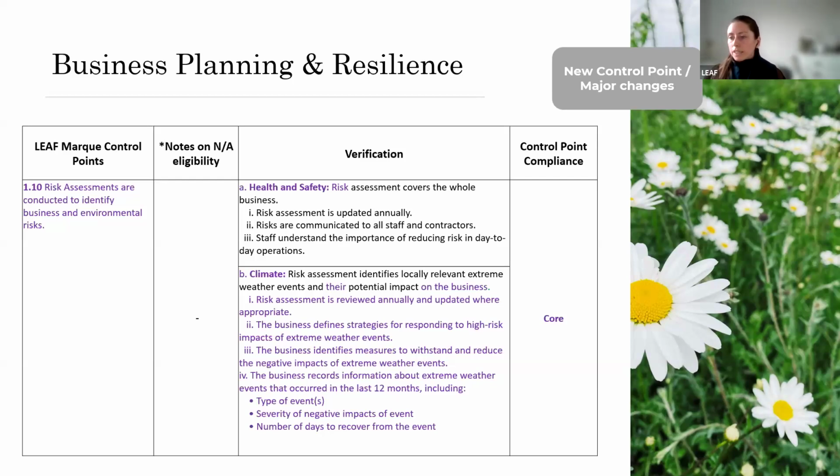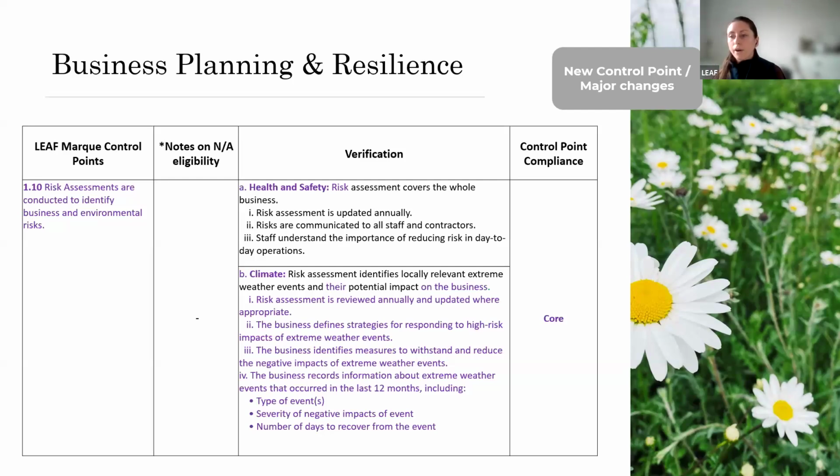Within the context of this control point, we're really looking for identifying what those potential extreme weather events are locally, thinking about, are there common events that a business might experience every year? Is that potentially heavy rainfall, storms, drought? And then thinking about how they've impacted the business in the past or how they might impact the business.